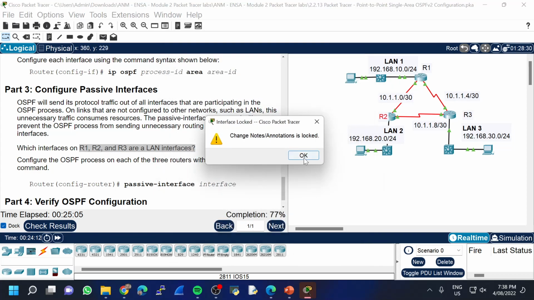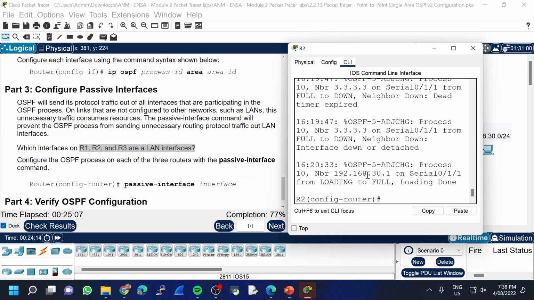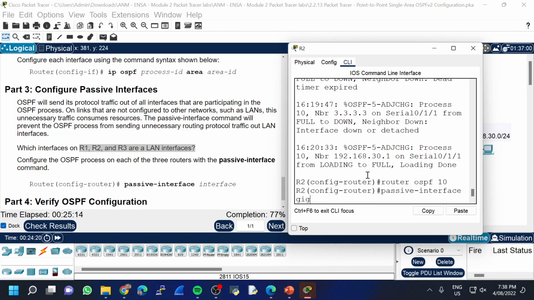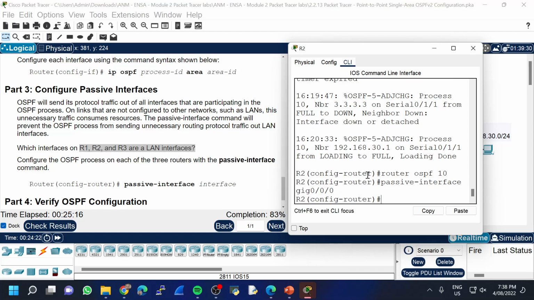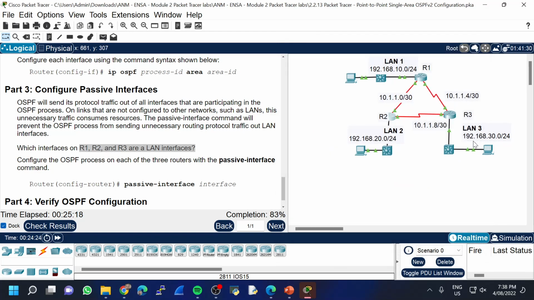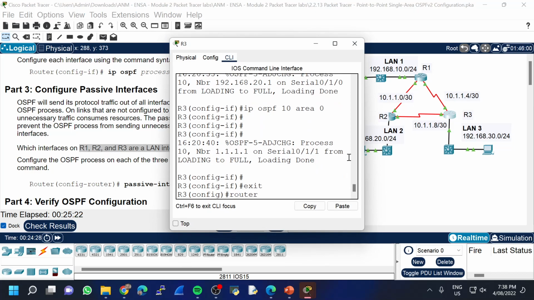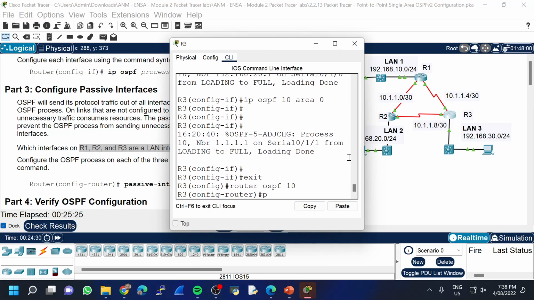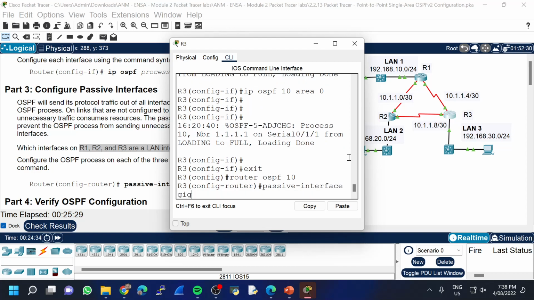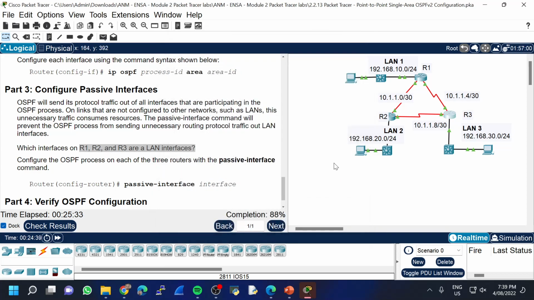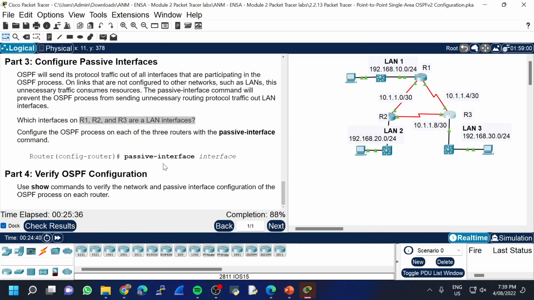Maybe just change the number a little bit. On router 2, all done? On router 3, what else do we have to do?